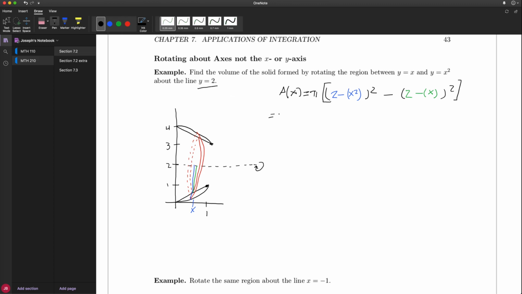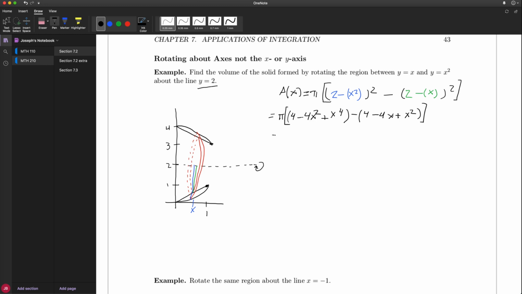So this is pi, and we're going to need a little room here. Square 2 minus x squared, and you get 4 minus 4x squared plus x to the 4. And now square 2 minus x, and we get 4 minus 4x plus x squared.